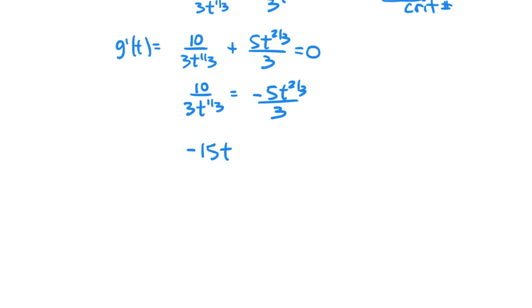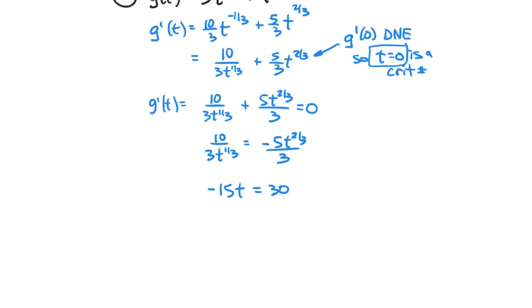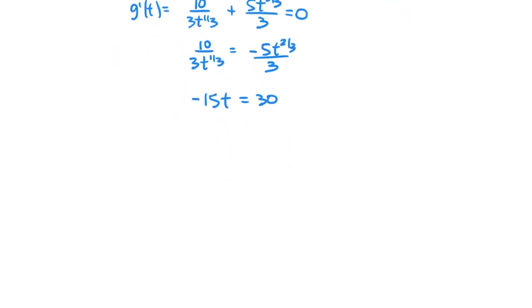So that's just going to be negative 15t to the 3/3, or negative 15t equals 30, which then of course means if I divide each side by negative 15, we get t equals negative 2, and this is also a critical number.